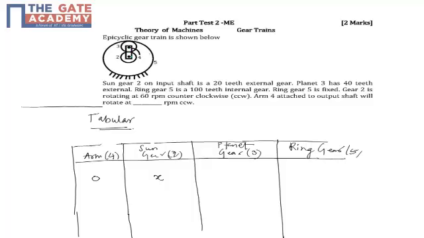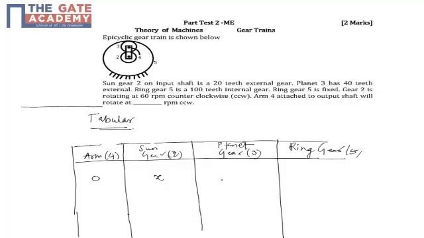When 2 rotates about its center clockwise, 3 rotates anti-clockwise about its own center only. It doesn't rotate about the sun center because the arm is fixed. So it's just two gears with fixed axes, and because 2 rotates clockwise, 3 rotates anti-clockwise.